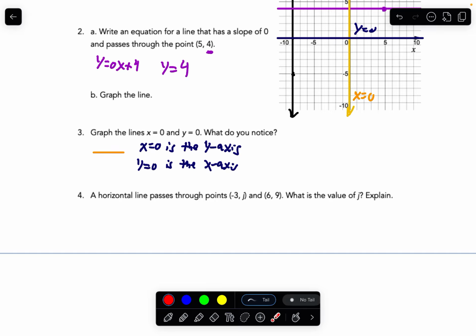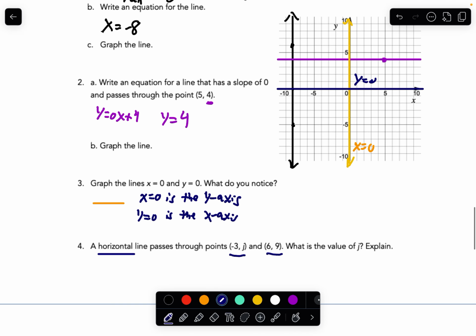Now, a horizontal line, this last question, passes through this point, negative 3, j and 6, 9. Now, for a line to be horizontal, let's look up here at this horizontal line right here. If I look at that point and that point, I'm just putting points down. Do you notice that the y's are the same?